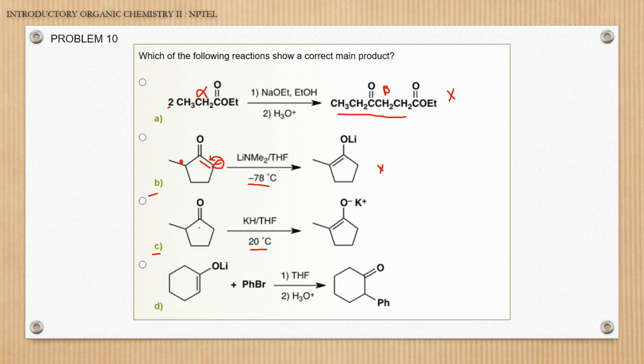So here thermodynamic enolate will form. What is thermodynamic enolate? The abstraction will take place from this position and a double bond is going to be developed at this position, that is the more substituted site. So thermodynamic enolate has the double bond generated at the more substituted site, whereas kinetic enolate has the double bond generated at the less substituted site. So this is the right outcome.